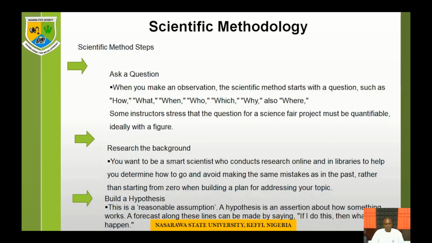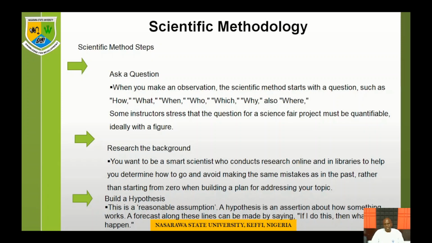I think a clear example of this is the story of Isaac Newton. Isaac Newton, we are told that when he was resting under an apple tree, then an apple fruit fell on his head. He was quick to ask, why is the apple falling down and not sideways or upwards? I think that question led to the discovery of the universal law of gravitation, because we always have that belief that everything that goes up must come down.